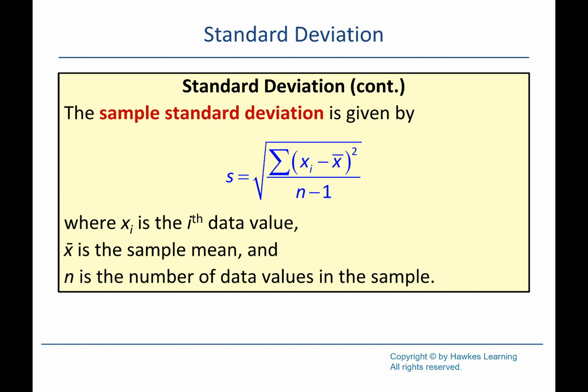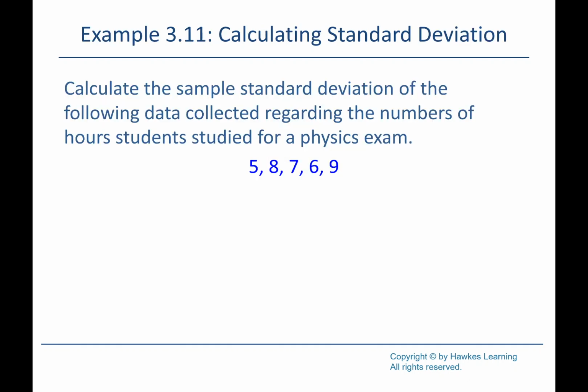All right. So let's do one by hand, okay, and see how the formula works. Really, it's mostly so you can be thankful you don't have to do the formula again. Let's take a look at one here. It says calculate the sample standard deviation of the following data collected regarding the number of hours students studied for a physics exam. We have a small data set here.